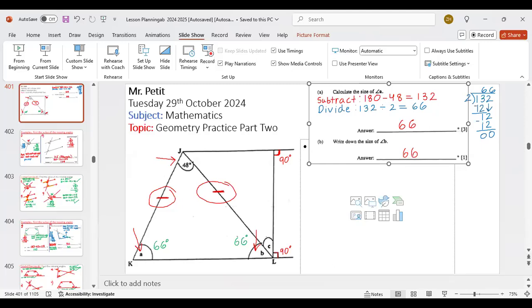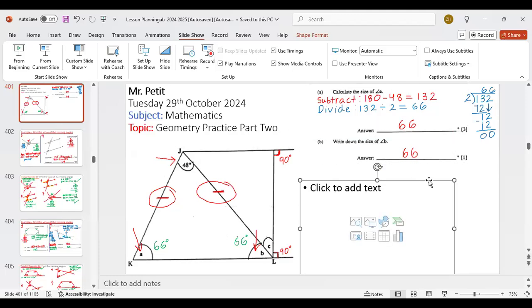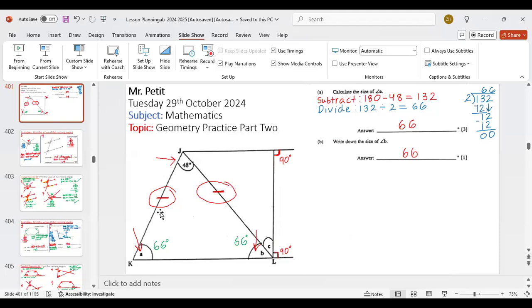Hold on, wait. Can you say again how 66 is gotten for B, please? Paris, yes, sir. It's an isosceles triangle. You see these lines, right? These lines mean that both angles are equal. And so we take 180 and subtract 48 because angles in a triangle add up to 180 degrees.